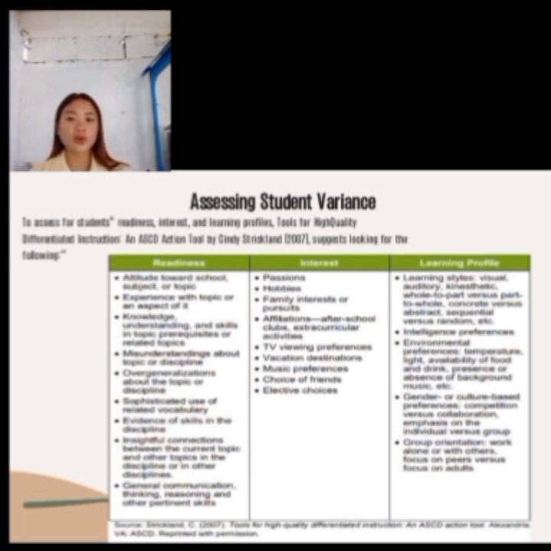Assessing student variance, it is important to know the profile of the students so that we know how to approach them when we enter our topic or lessons, because we already know their profile or background. We can make do's and don'ts or adjust as a teacher in how to implement our lessons so they feel free and welcome in the school.